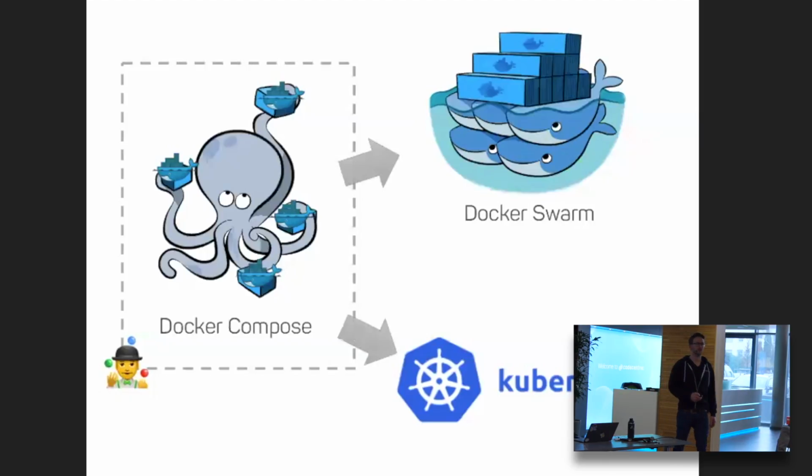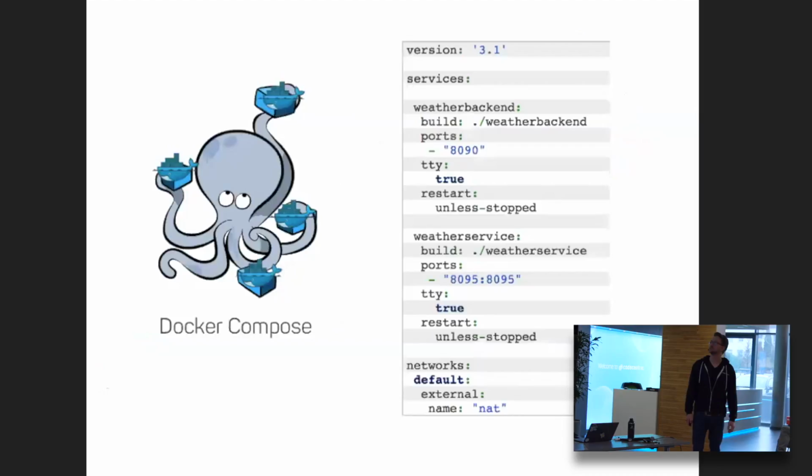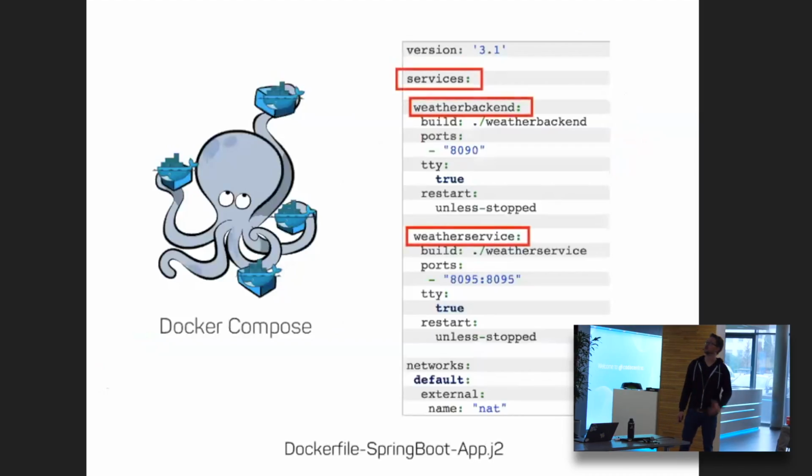What Docker Compose introduces is the concept of services over the containers. So these are defined in the Docker Compose file. And the thing you need to say is, okay, let's scale my service, like weather backend here. And then Docker Compose will spin up more than one container, right?